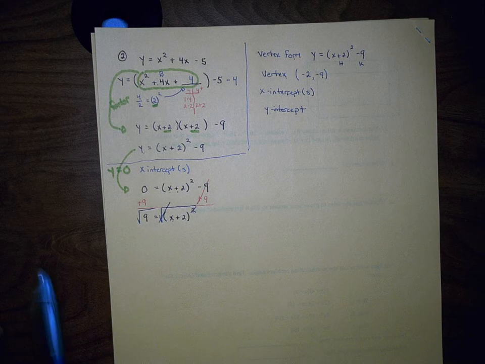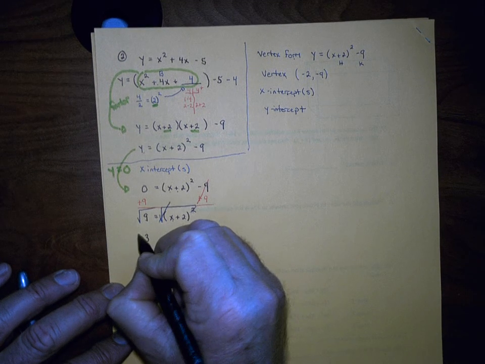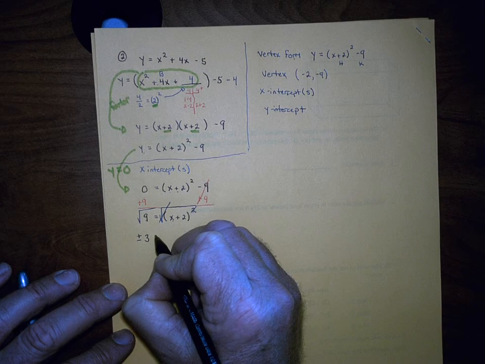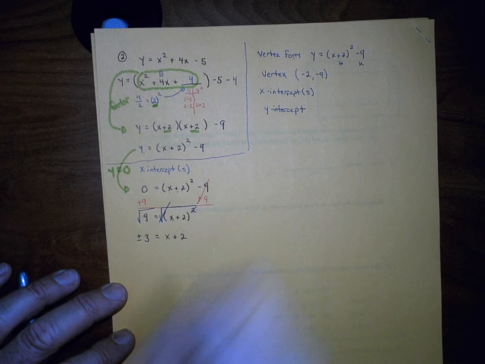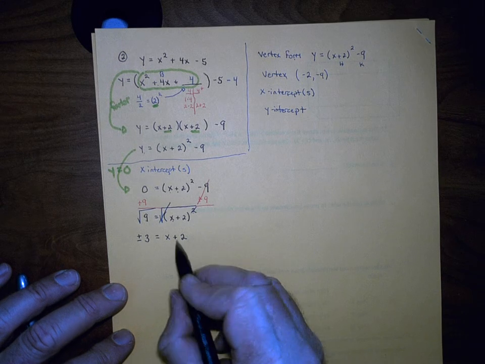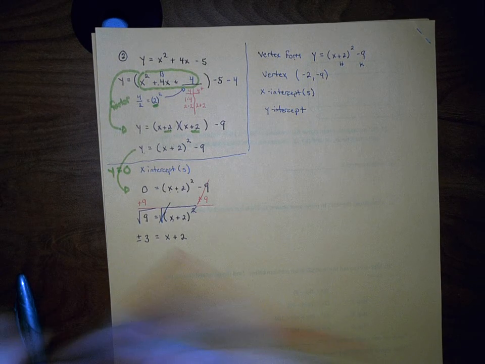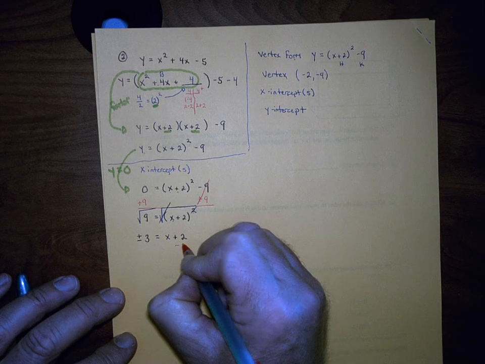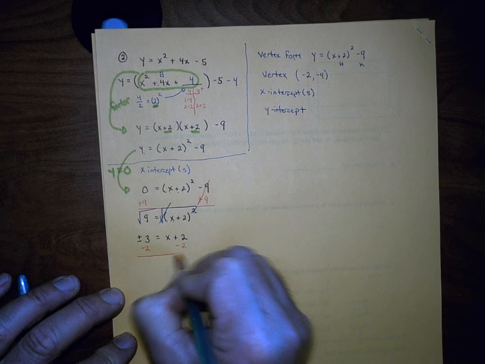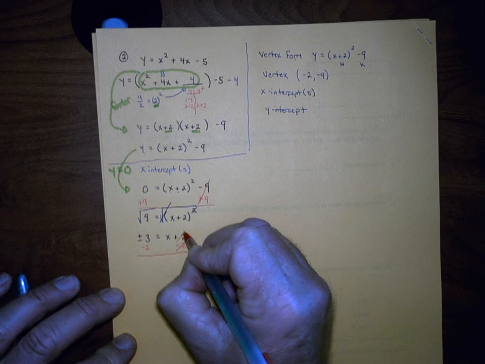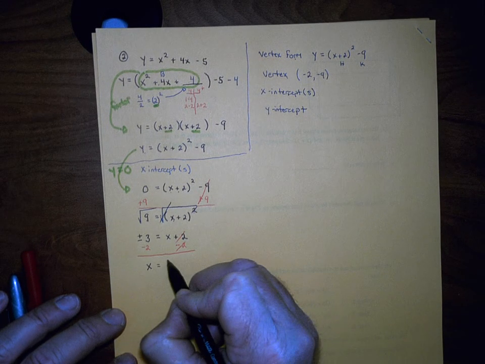So now they're gone. The square root of 9 is 3, but it's positive or negative 3, and that would be equal to x plus 2, and you could get rid of the parentheses. Now to isolate the x, I would do the opposite math operation of plus 2, so I would subtract 2 from both sides of the equation. Okay, so after these 2's cancel out, I would get x is equal to, and now remember, you're going to end up with 2 answers here.